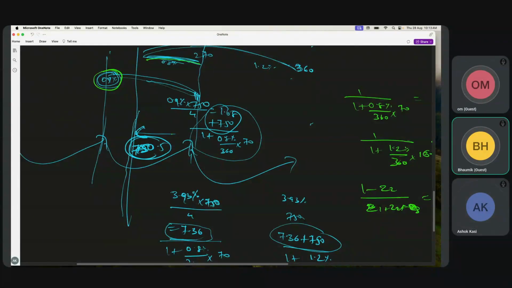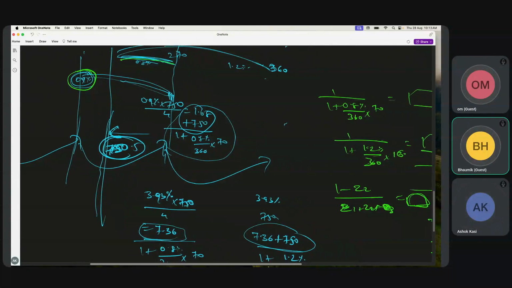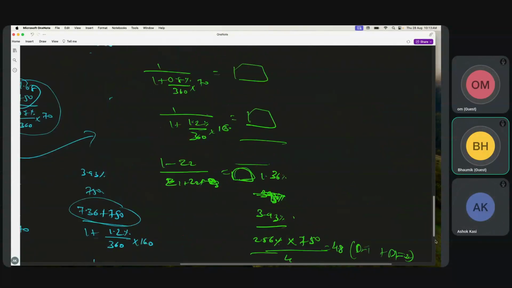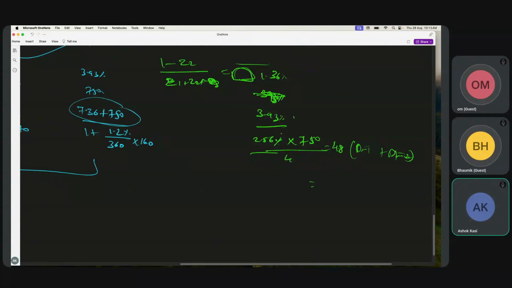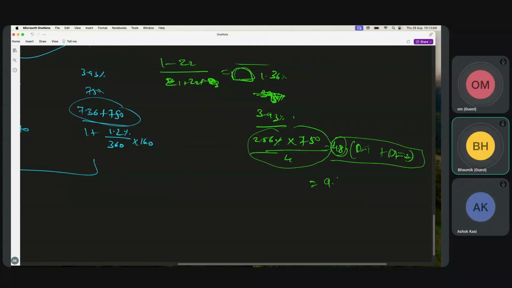This value 9.56. Okay, wait. After solving this 4.8 and discount factor, what are you getting? 9.56? How 9.56? This 4.8 itself should get lower now, you multiplied it with the discounting rate, right?